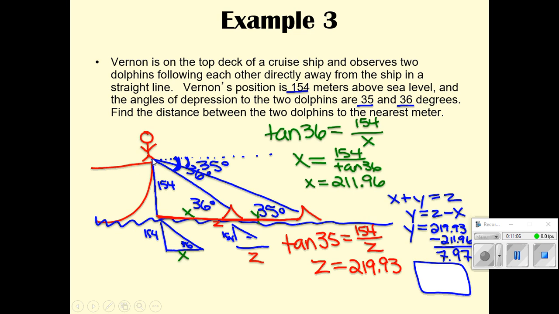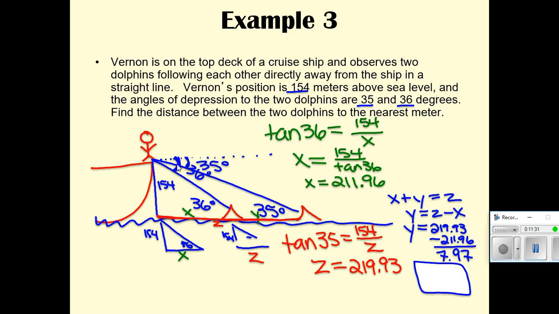So when you're looking down, the angle is depression, angle of depression. So it's 154, and one is 36 degrees, and the other one is 35 degrees. So depression is when you are here looking down.